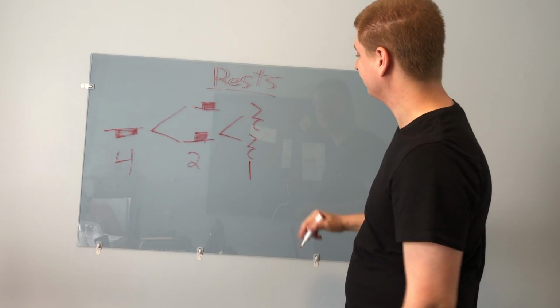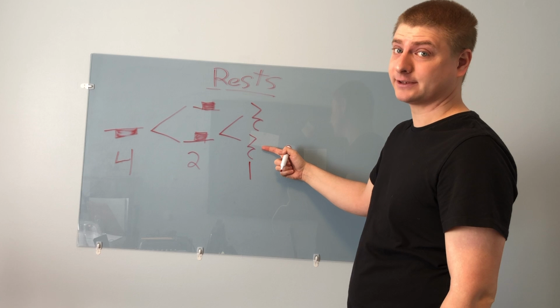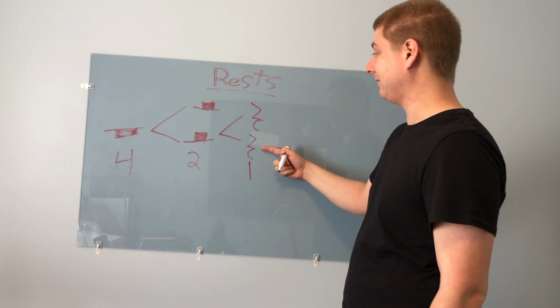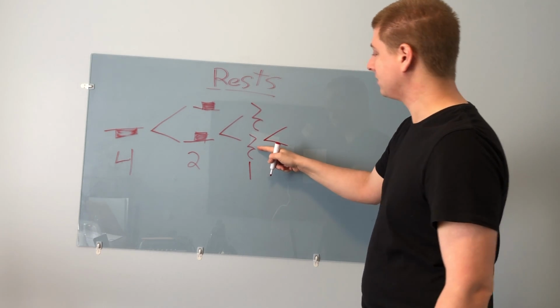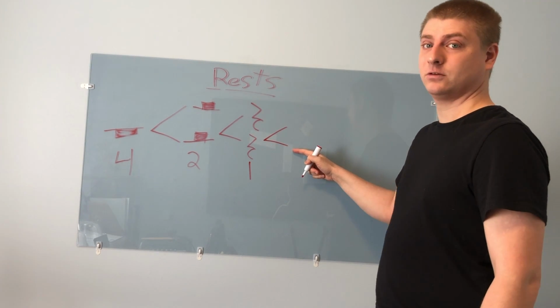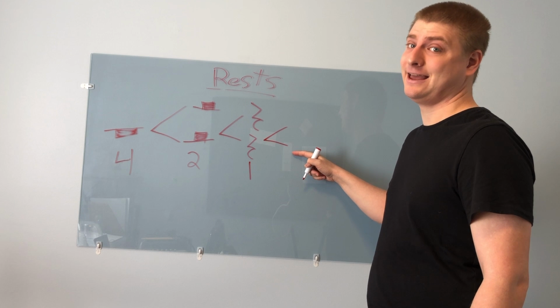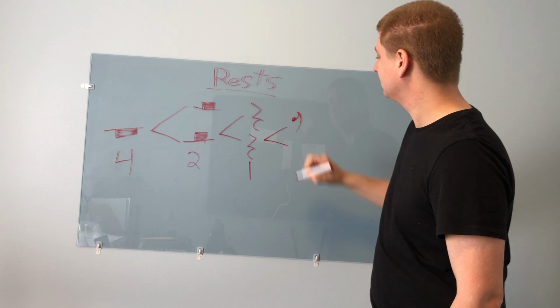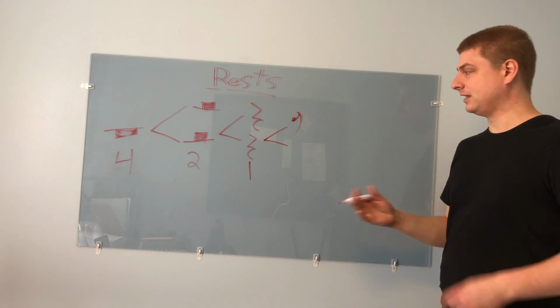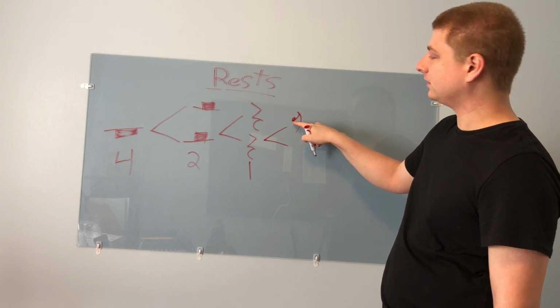Pretty easy. We're going to take one of these quarter rests. We're going to divide it in half. We're just going to keep going, keep on splitting. This quarter rest in half. From quarter to eighth. We get our eighth rests. These are a little more interesting. We've got our little dot.